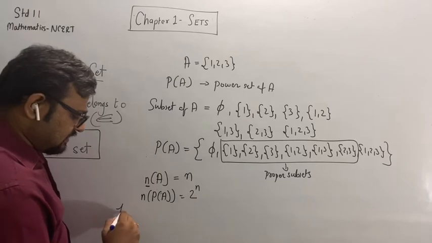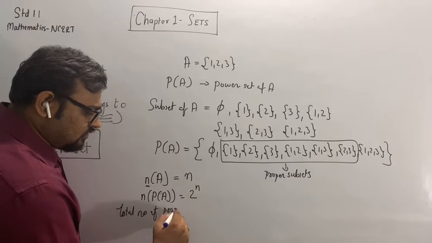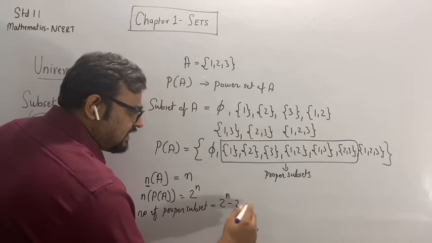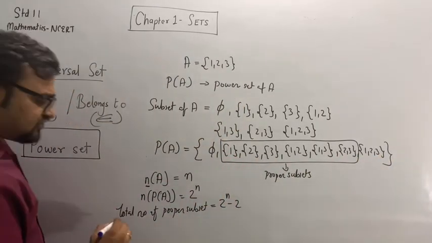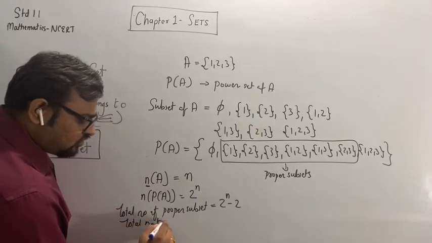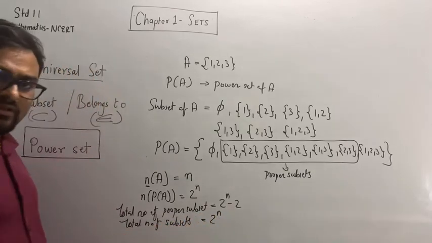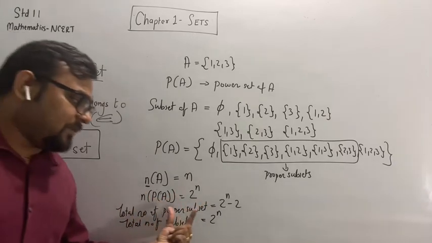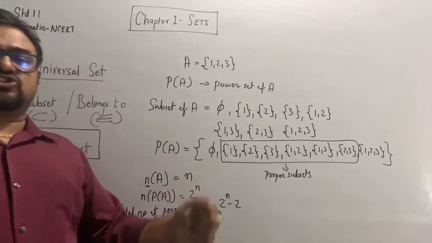And the total number of proper subsets is equal to 2 raised to n minus 2. Total number of sets is 2 raised to n. If the question is the total number of subsets, then this will be equal to 2 raised to n, means the number of elements in the power set. But if the question is the total number of proper subsets, it will be 2 raised to n minus 2.